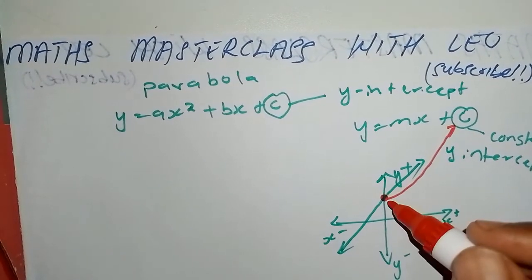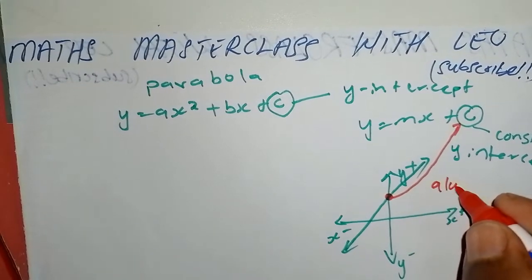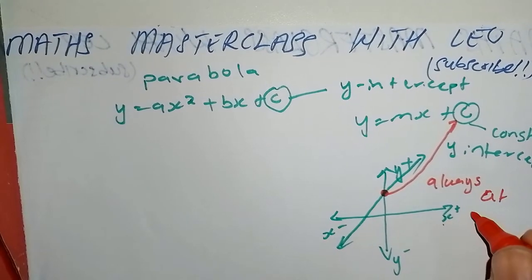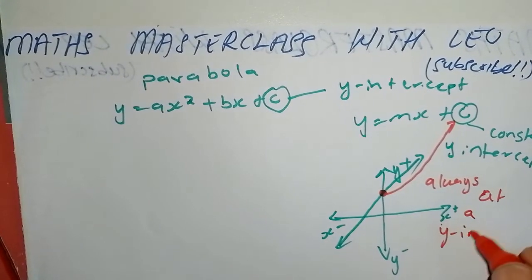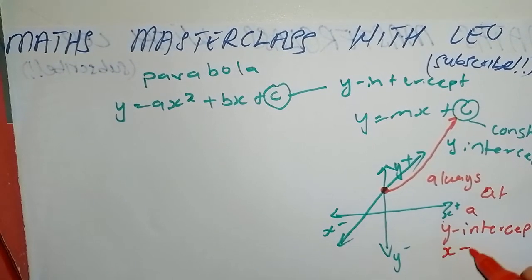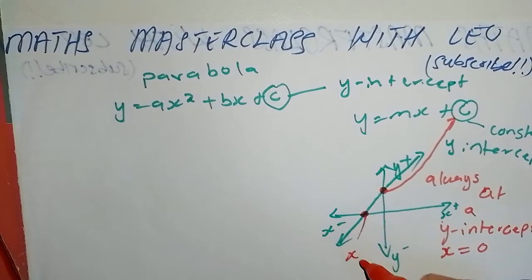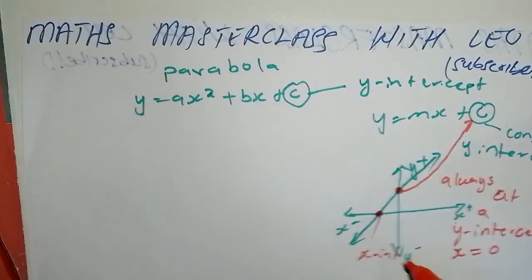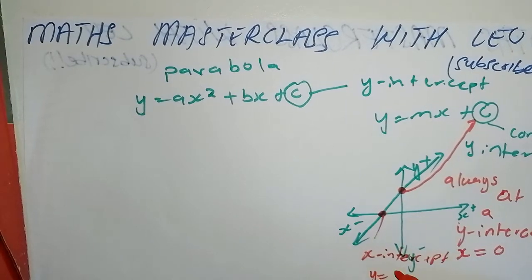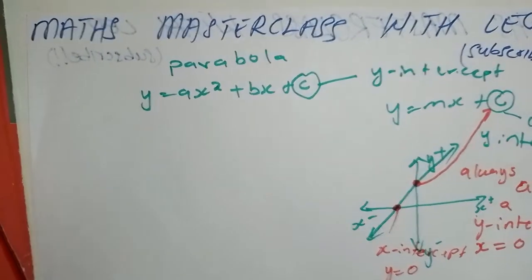Always, at a y-intercept, the value of x is equal to 0. Similarly, here, this is the x-intercept, where the y value is equal to 0. I just wanted to clarify that.